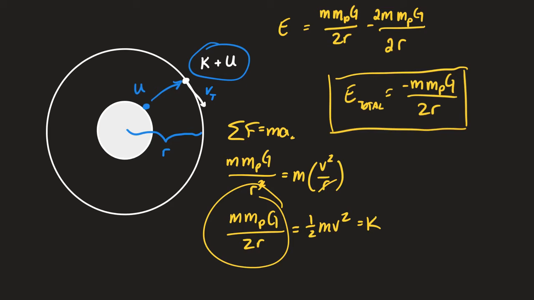In circular orbits, you can use centripetal acceleration to get a reduced answer for the energy of your orbit.